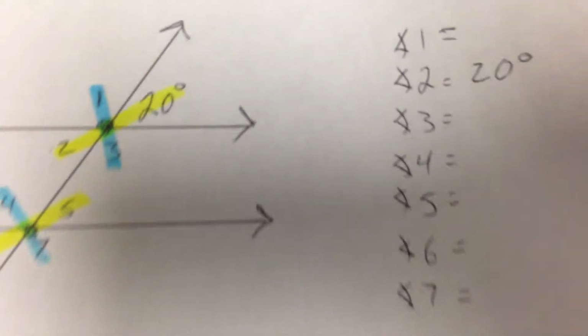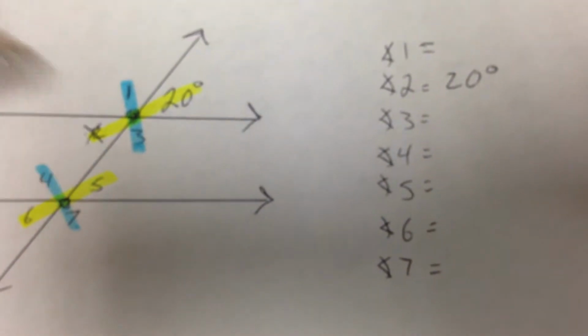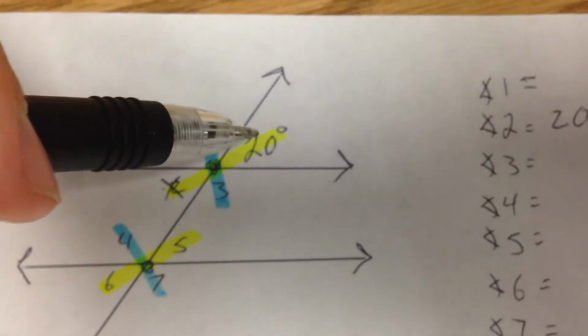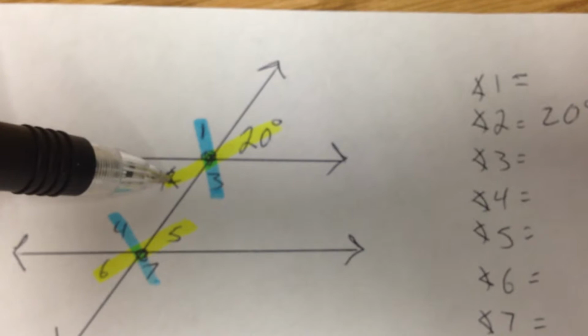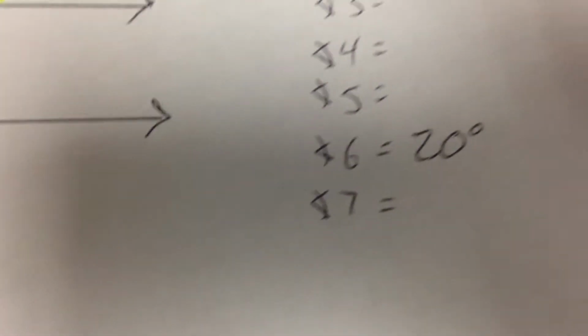So we can go ahead and put that there. 20 degrees. We already got one answer. Bam. So that's done. Now, we also know that corresponding angles are going to be equal. So we already know 2, so we can say that the corresponding angle 6 is also equal. Right there. Bam. Half the work's done.